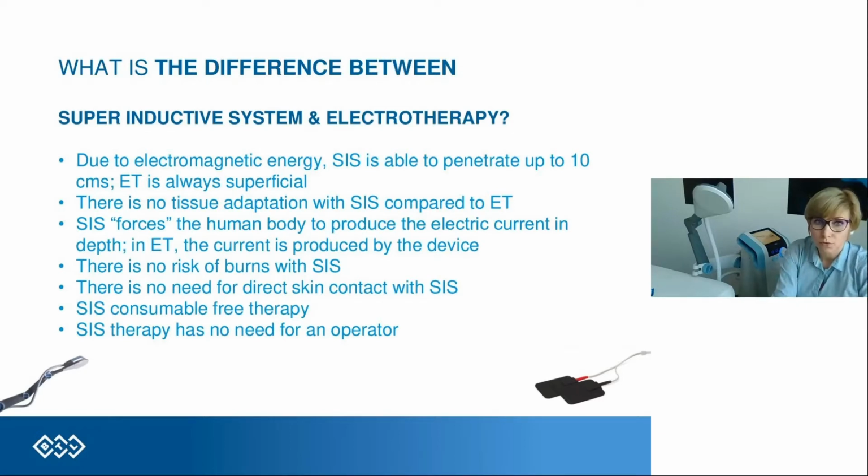So this is the main difference. But also, as I told previously, the difference is with the penetration depth, because in most situations the electrotherapy is usually superficial. And the depth of the penetration in superinductive system is up to 10 centimeters.